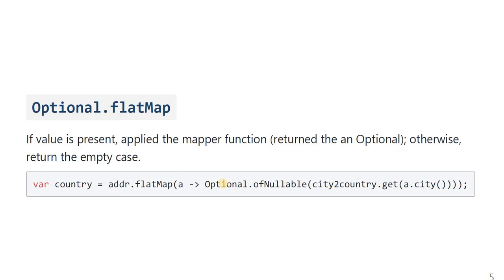Another very commonly used method is called flatMap. It is very similar to map, except the mapper function is also returning an Optional. So in our application, if we get the address, we want to find out which country the student is living in.